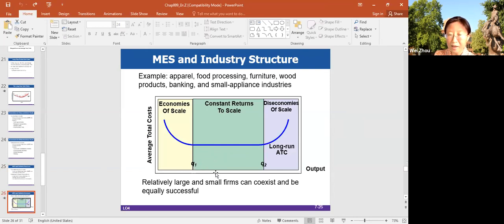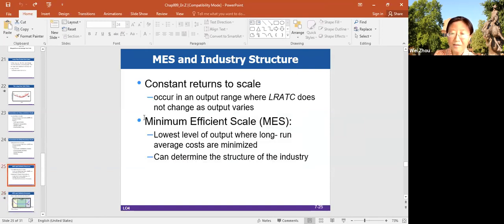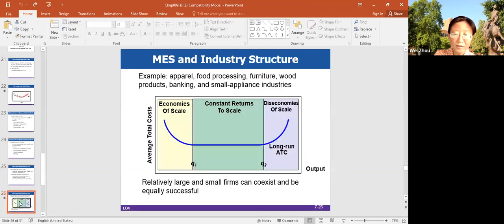Of course, I can make 200 bread, as long as it's less than 1,000 bread, I will be good, but I have to make at least 100 bread. So this is very important. Why? Because that shows you the lowest level of output you can produce to reach the minimized long run average cost. That can decide the structure of the industry.